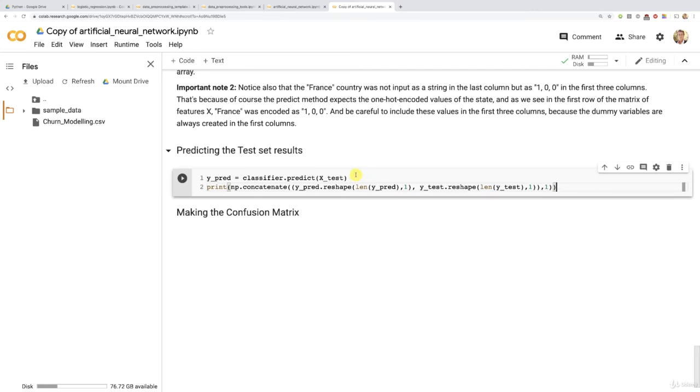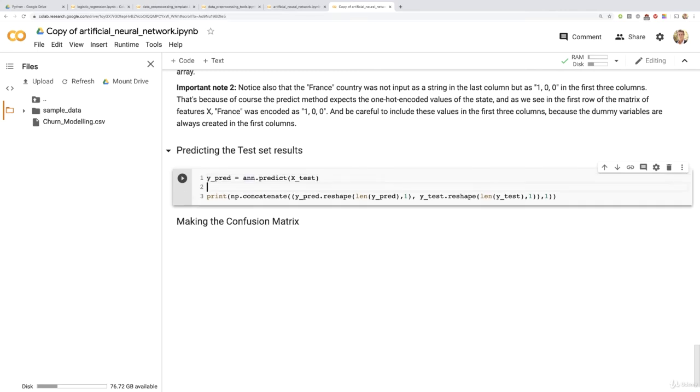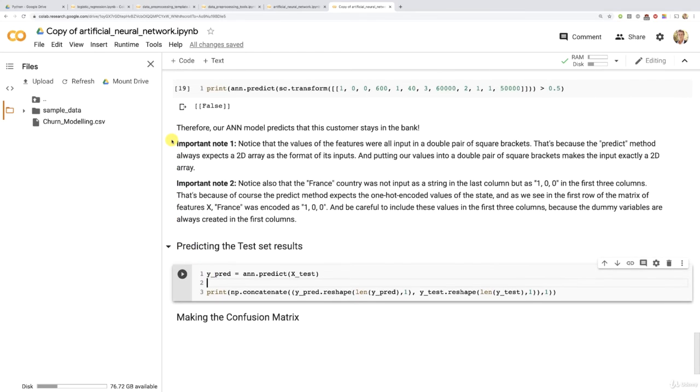But remember that now, since our classifier, which is no longer called classifier, but ANN, returns the predictions in the form of probabilities, well, we just have to do a little something here, which is to, of course, convert our predicted probabilities, which are in y_pred, into predicted binary outcomes 0 or 1. And the trick to do that is exactly the same as the trick we used here.